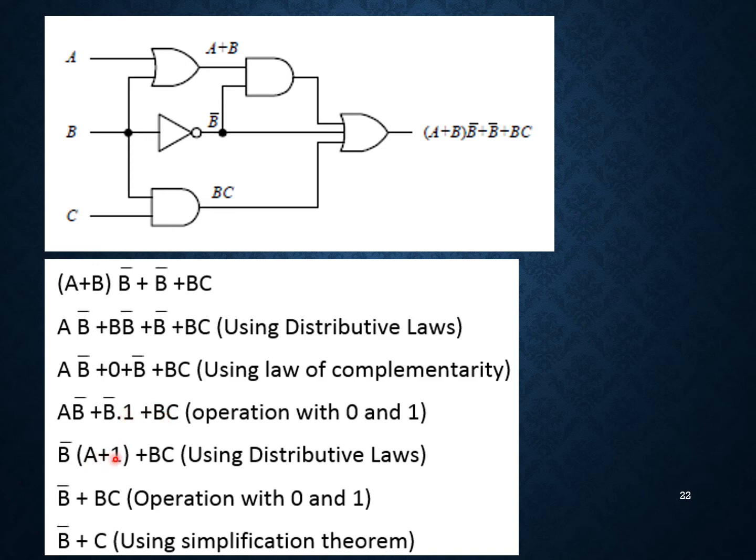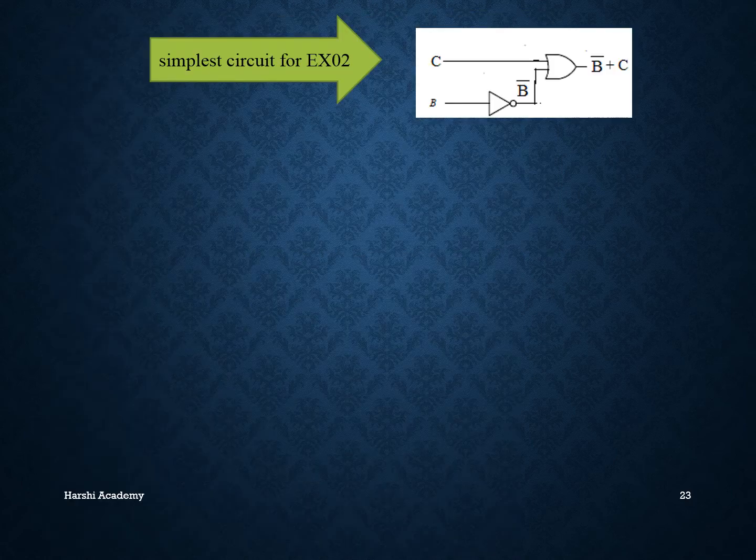Now A plus 1 equal to 1. B bar dot 1 equal to B bar. Then B dot C. Now using simplification theorem, we can write this term as this, B bar plus C. This is the simplest circuit for example 2.